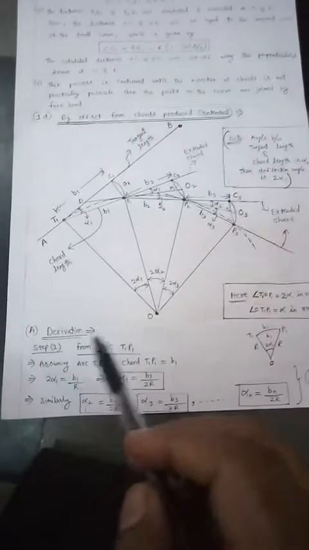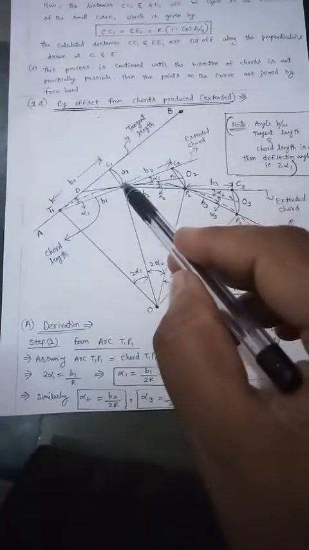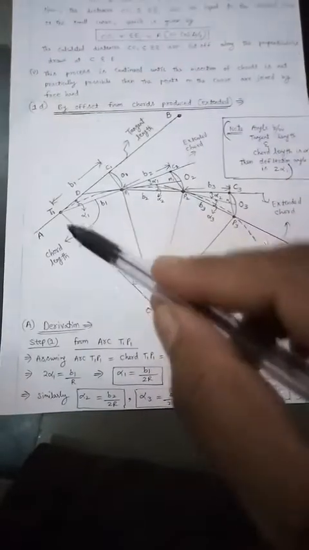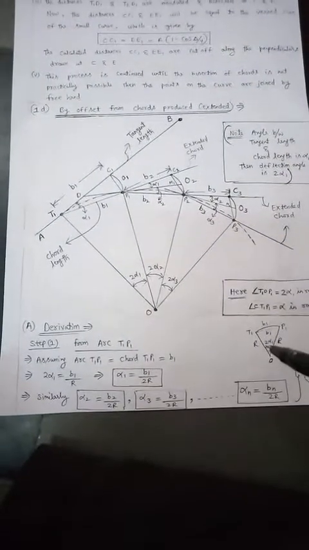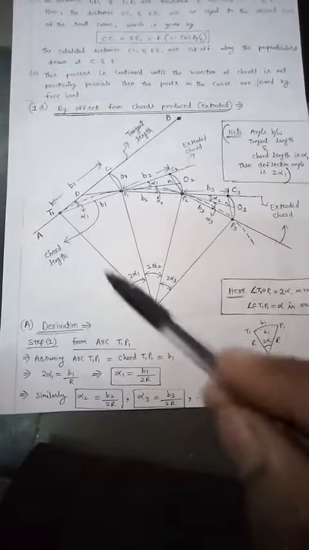So in the derivation, the first step is from arc T1 P1. So this is an arc T1 P1. Next, this is a complete triangle we have taken here. So the deflection angle is 2 alpha 1.